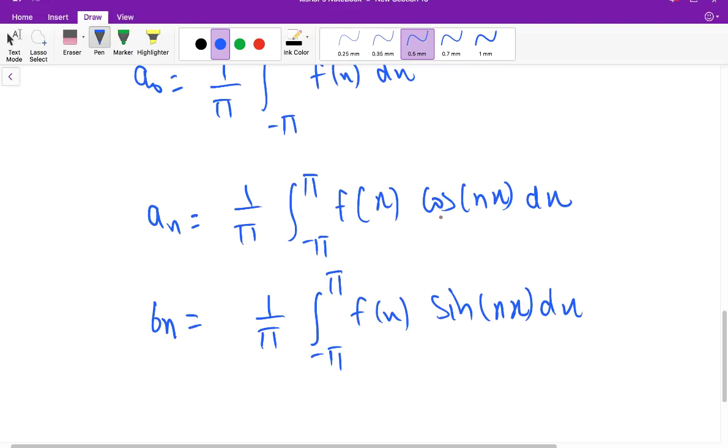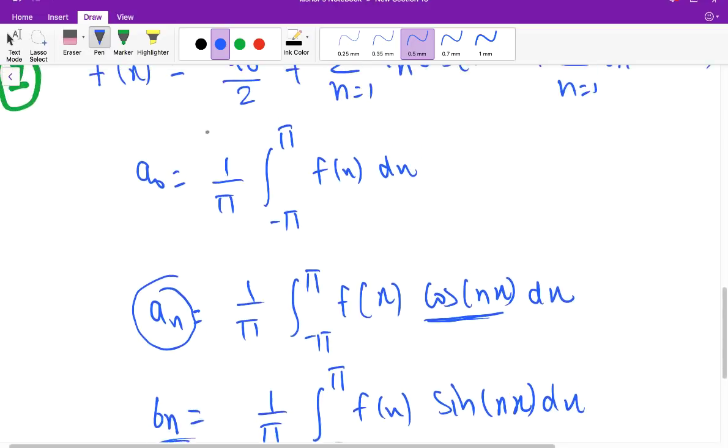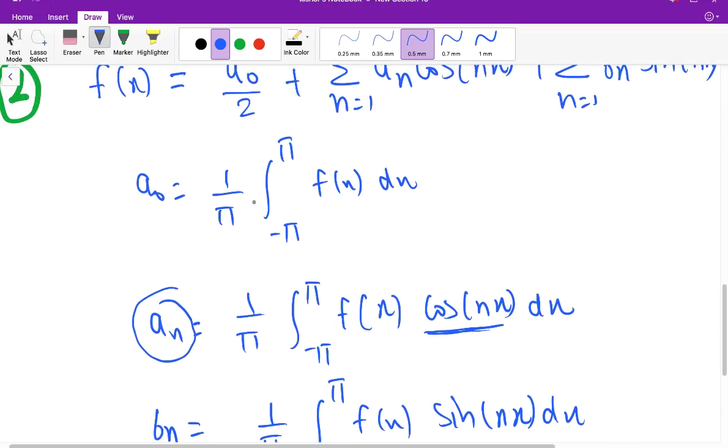Now you can see that since cos is an even function, an basically contributes to the even part of the waveform. Sin x is an odd function, so this bn contributes to the odd part of the waveform, and this a naught is just a constant shift.